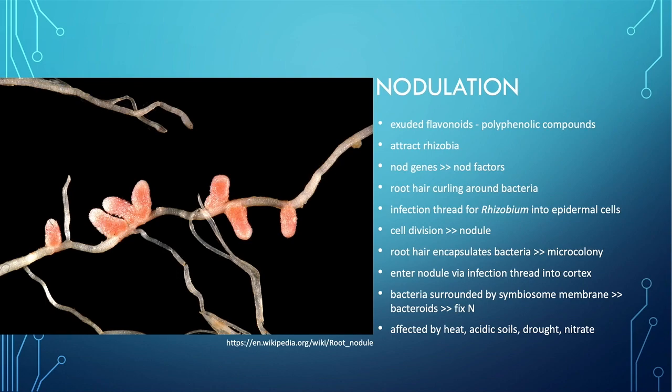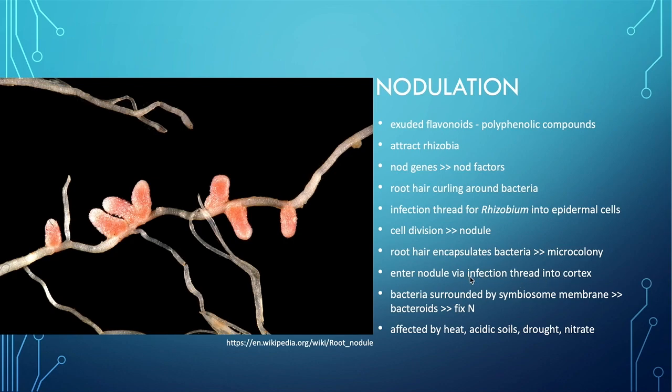So an infection thread starts forming, and this is to allow the rhizobium to enter epidermal cells, and cell division starts occurring. Once cell division occurs, nodules are formed, and the root hair encapsulates the bacteria, forming microcolonies. So it literally just winds around like a snail, and the bacteria get stuck inside, and they enter the nodule via the infection thread into the cortex.